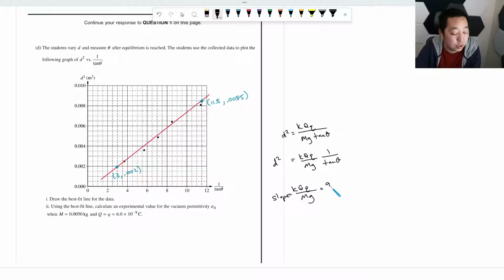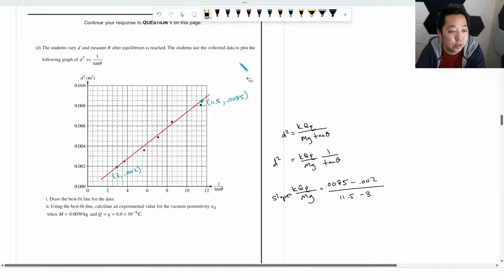I'm just going to plug in the numbers. So I'm going to get 0.0085, and then there's nothing special about the units, minus 0.002 divided by 11.5 minus 3. So you're going to get that number as your slope, and then you're going to solve.